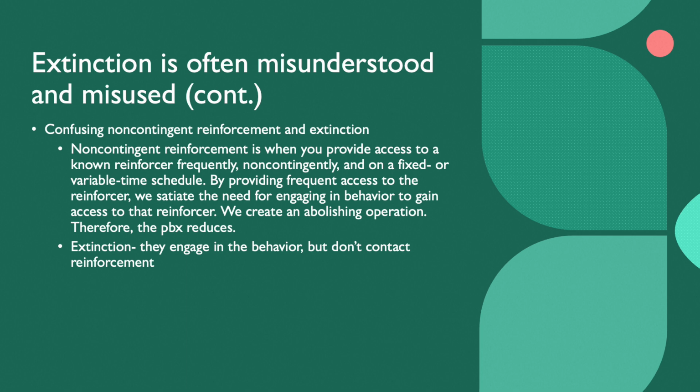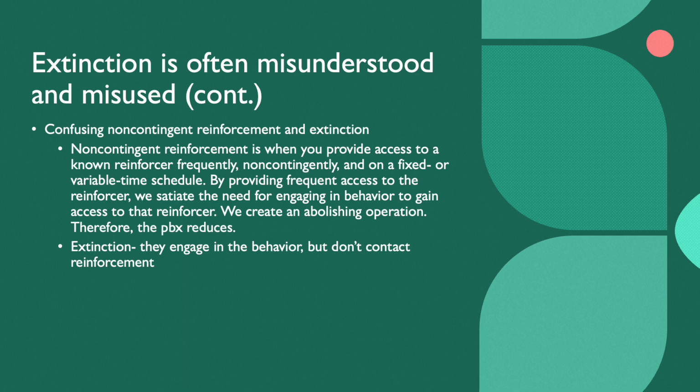So non-contingent reinforcement is when you have a behavior that's maintained by any reinforcer, and you identify what that specific reinforcer is, and you decide that you're going to provide that reinforcer non-contingently, meaning not following any specific behavior. You don't need the behavior to happen.